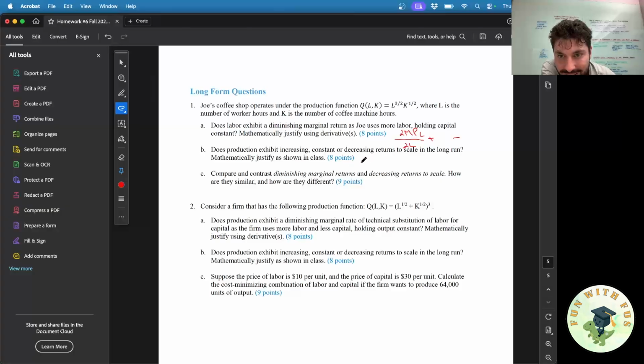And on this next piece, returns to scale, I would replace your L with TL to the 3/2 and your K with TK to the 1/2, and then distribute these in. Hopefully it would compare nicely to if I just put a T and then did L to the 3/2, K to the 1/2.